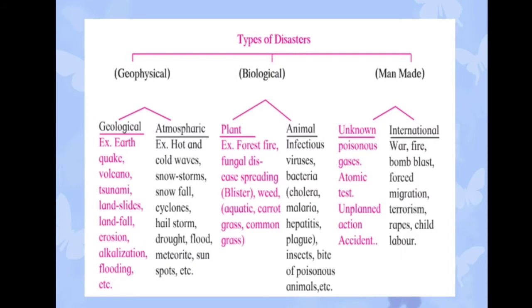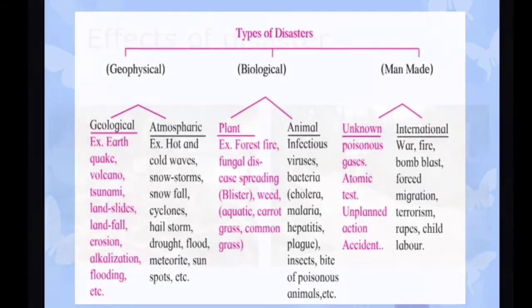In animal we have infectious viruses, bacteria, cholera, malaria, hepatitis, plague, insects, bites of poisonous animals, etc. In case of man-made, that is poisonous gases, atomic test, unplanned action, accident, international war, fire, bomb blast, forced migration, terrorism, rapes, child labor, etc.